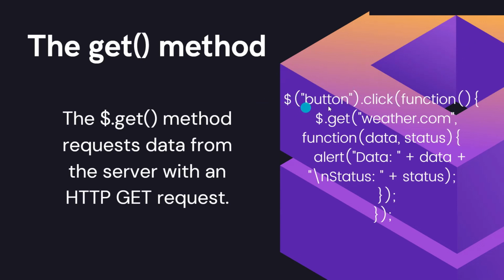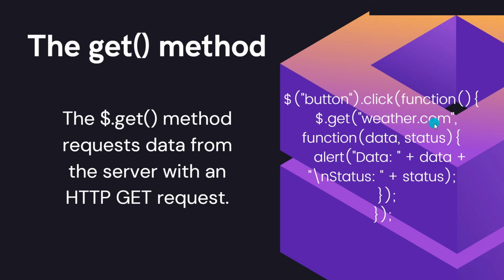First of all, we have the button. Whenever the user clicks the specific button, dollar is going to select a specific site called weather.com, or whatever URL you mention. Here I have mentioned weather.com. Here we have a function, and under which we have the data and the status.